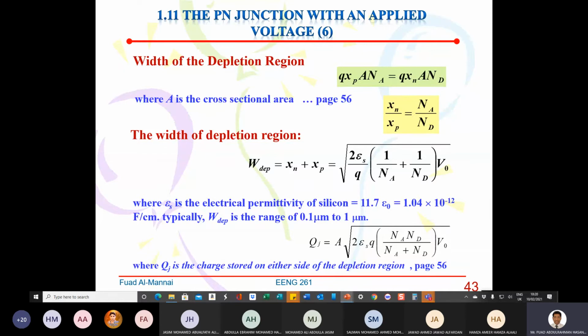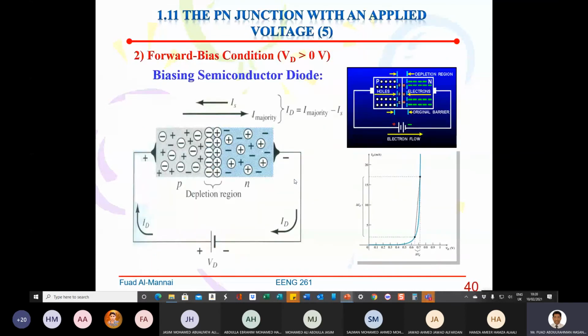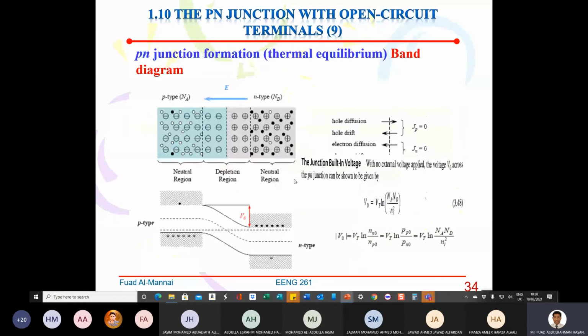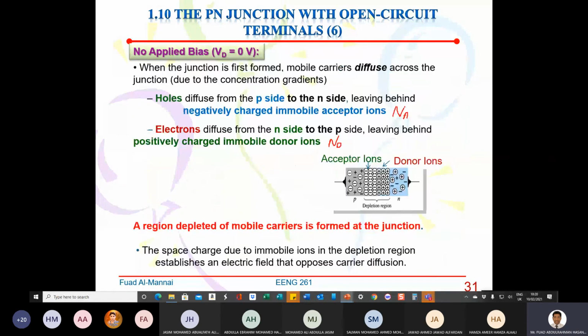Now the width of the depletion region, W, this is called depth, is equal to Xn plus Xp. Where is that? Well, there it is.